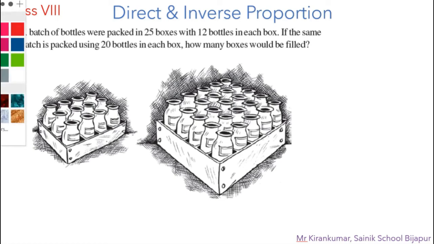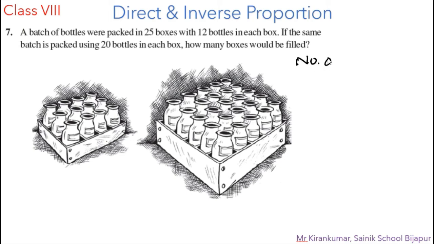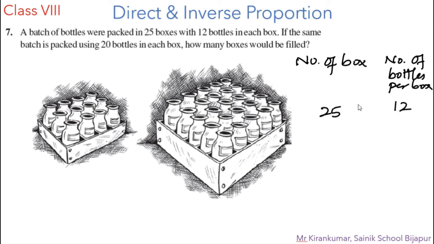What is being given that we shall mention? Here, the number of boxes and the number of bottles per box. It's given, if 12 bottles are there in each box, the total number of boxes is 25.